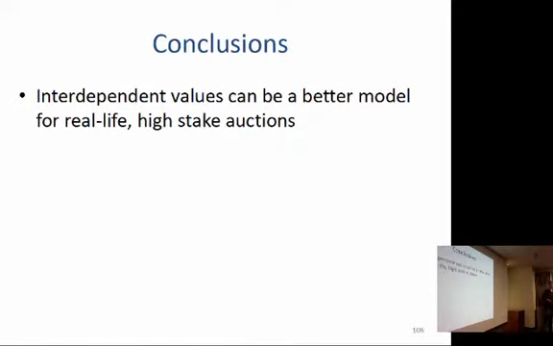Okay, so I want to conclude. Any questions before this? Okay, so what I wanted to claim in this talk is that interdependent values can, first of all, be a much better model of values in some real-life high-stake settings.